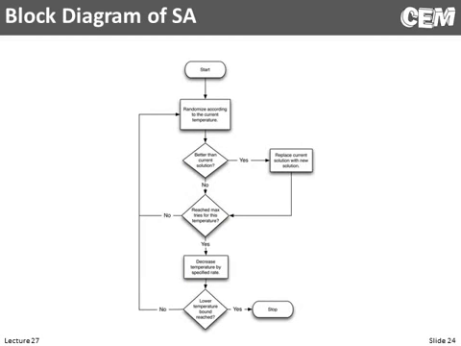So here's a block diagram of how simulated annealing would work. We start, we randomize our current design, and there's this thing that's often called temperature, because it's called simulated annealing, kind of like you anneal a material and you come away with a more pure crystal type pattern. So the temperature is really how much randomness you're going to introduce.